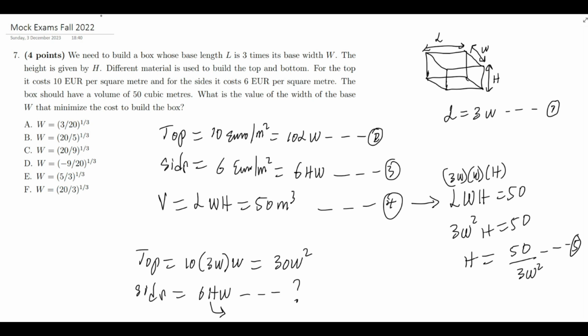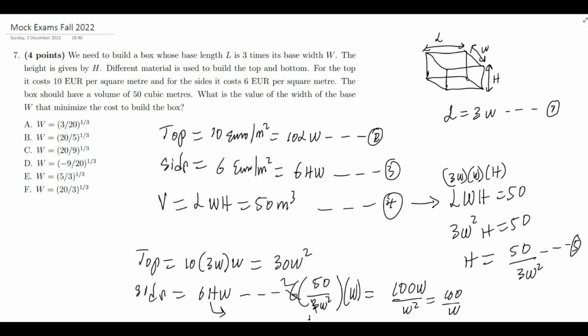We know our height, so we can substitute that in the side. This will simply be 6 times 50 all over 3 width squared, multiplied by the width. We can further simplify this: the 3 goes into 6 two times, so we have 100 width all over width squared, which is 100 all over width.